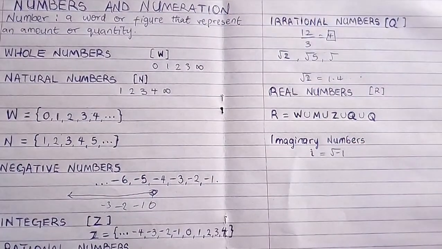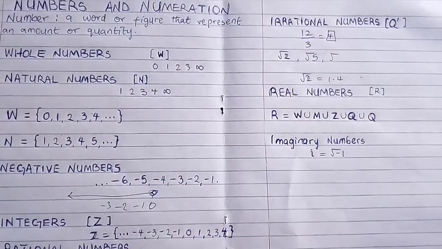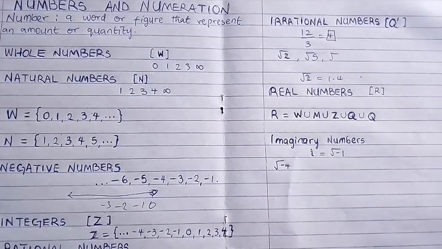You normally see this when you are solving surds. Like in surds, when you are given root minus 4, you say that root minus 4 is equal to root of minus 1 times 4, which is equal to root minus 1 times root 4, which is equal to 2i. So have you seen where this imaginary number comes in? It is normally used when you are working with or solving surds.